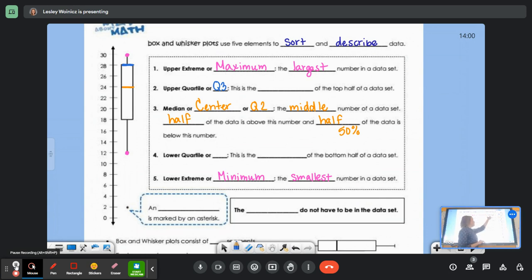Quartile 3, or the upper quartile, is the middle of the top half of the data. Last one: the lower quartile, or quartile 1, is the middle of the bottom half of our data.